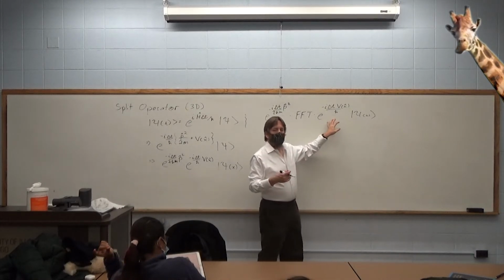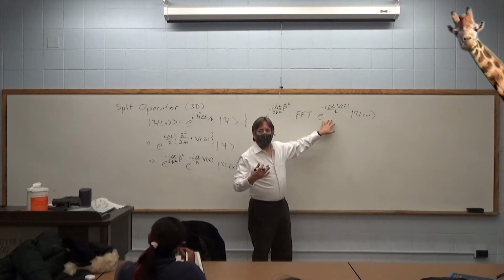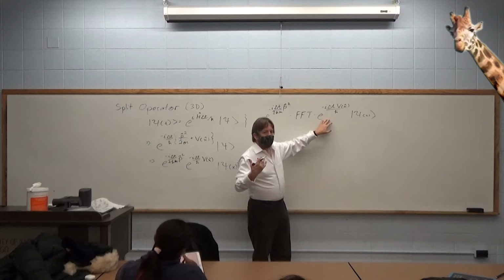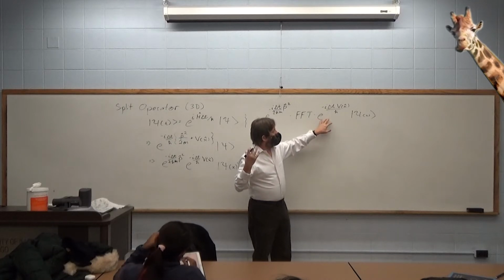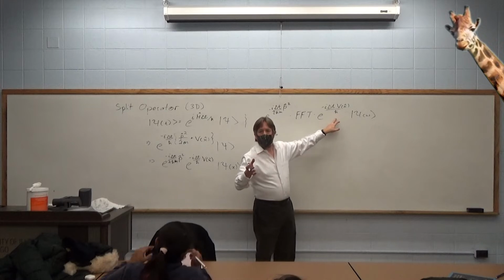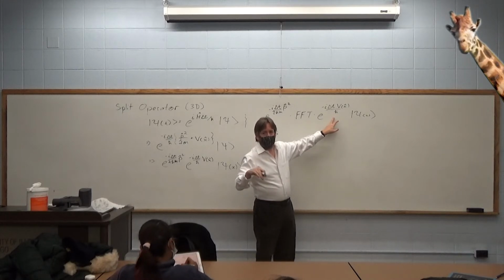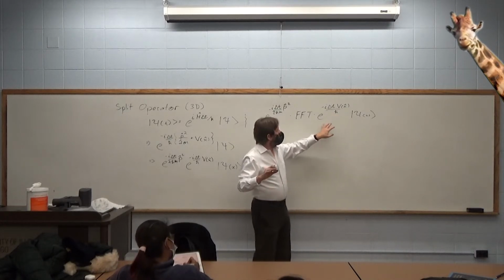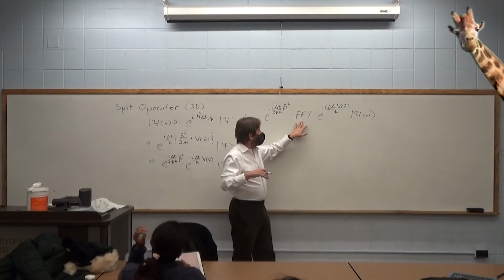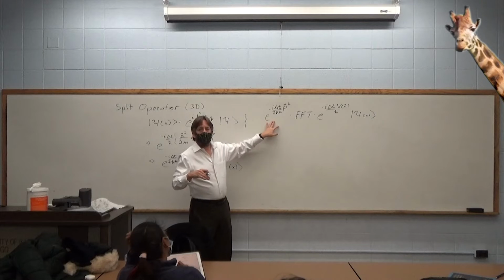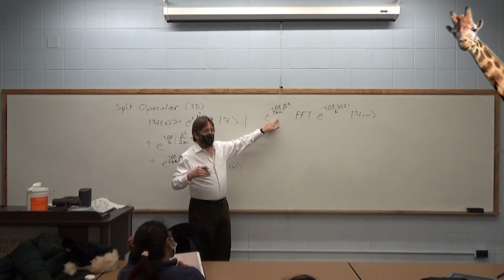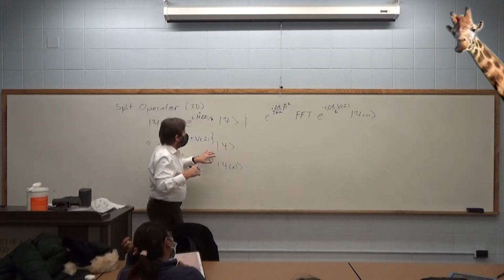If you look at my code, when I defined the operator, I said that the V operator is exp minus i del t potential, and h bar, of course, we're going to be in atomic units, that's 1, so it doesn't exist. So, simple. You Fourier transform, after you do that multiplication, you Fourier transform it, and then you just do the same thing again. Now, the trick here is to know what the x is.